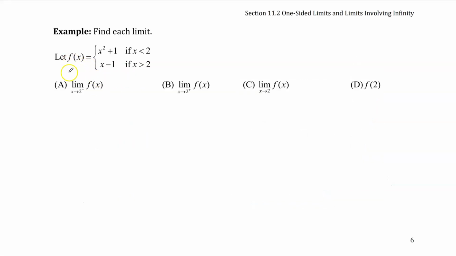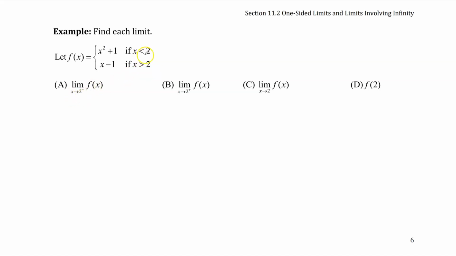Next, let's consider the given piecewise function here and determine the value of the limit of the function as x approaches 2 from the left. So 2 from the left, that means we look at this interval here and we locate where 2 from the left is located.